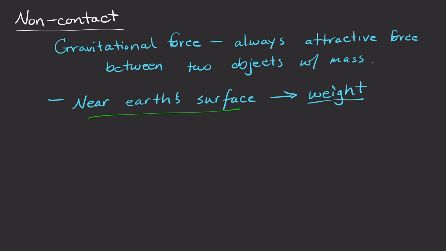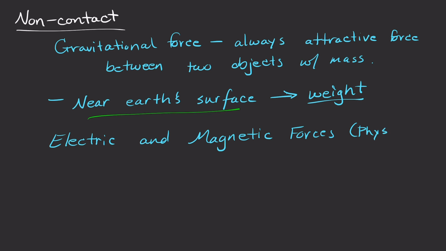And this is a really important part of that. Then there are other forces such as electric forces and magnetic forces. These are also non-contact forces, sometimes called forces at a distance, and these are typically seen in a Physics 2 class.